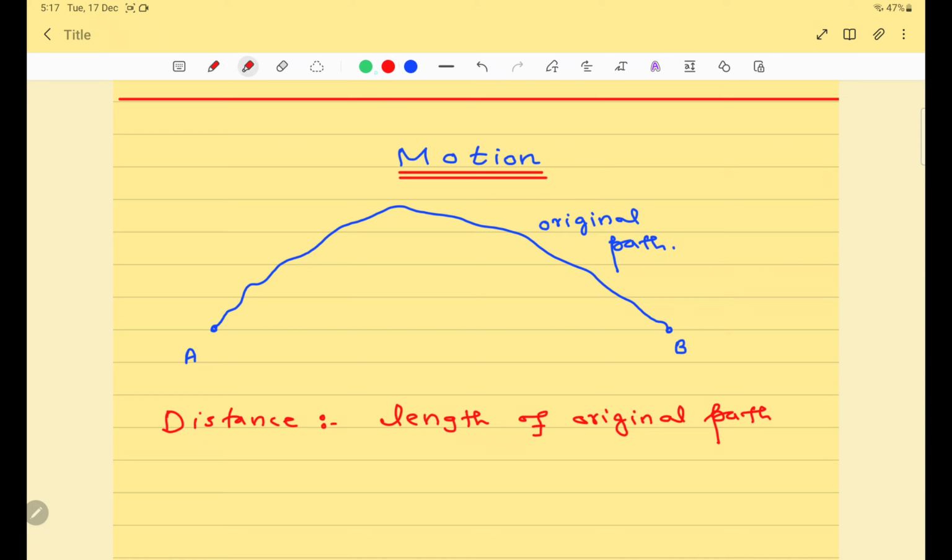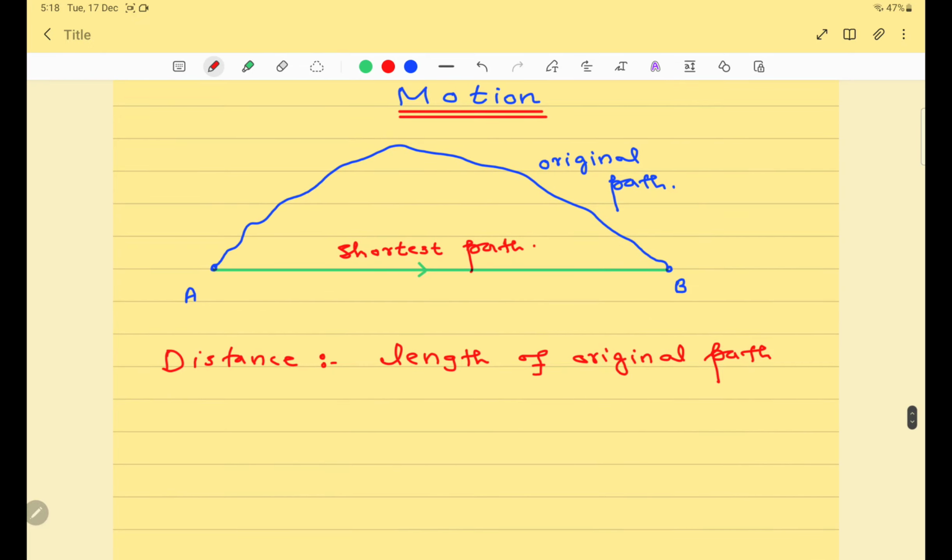But if I ask you what is the shortest possible path, you will draw a straight line, and the length of this straight line is the shortest path. Do you know the physical quantity which shows this length of the shortest path in a specific direction? Do you know? I am asking.